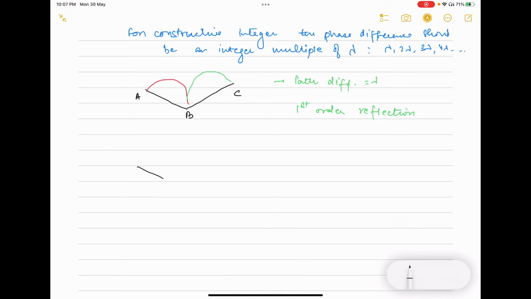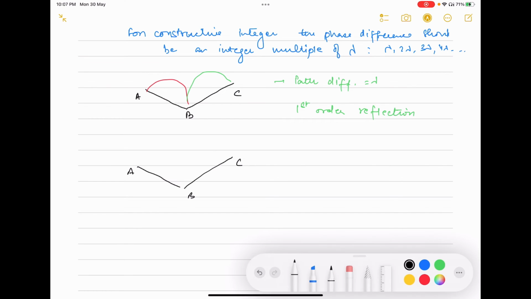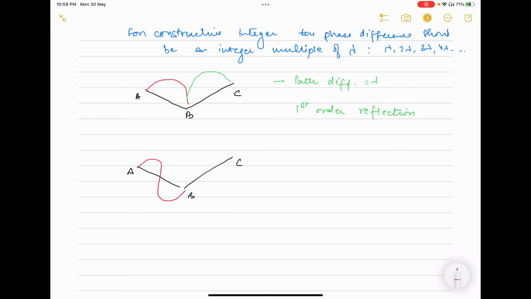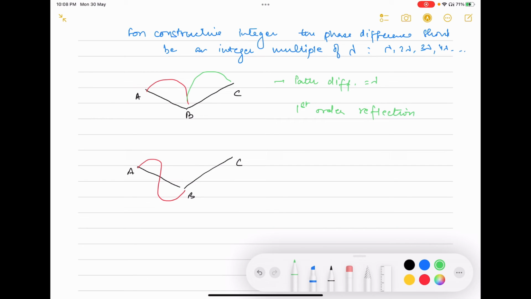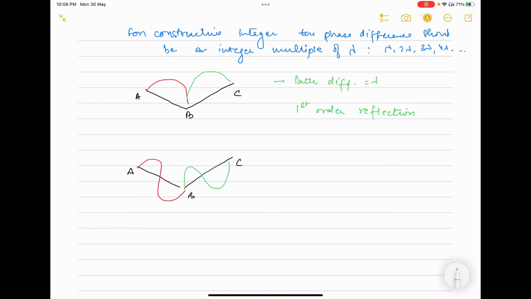Now suppose your path difference is 2 lambda, one complete wavelength of this and one complete wavelength of this, then this is called second order reflection. And considering this, if the path difference is 3 lambda, then it is third order reflection. If it is 4 lambda, then it is fourth order reflection.